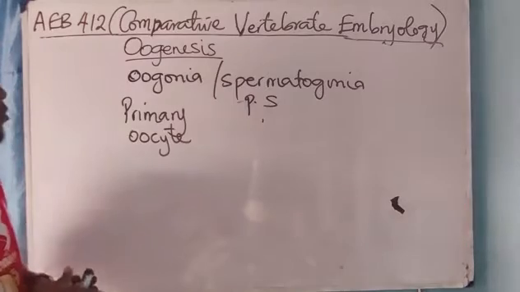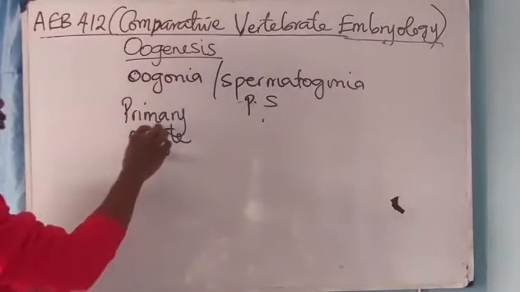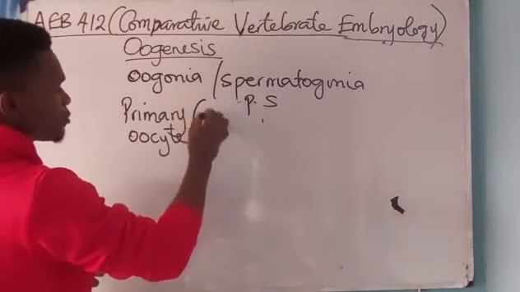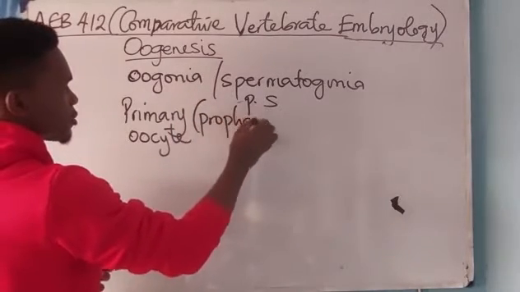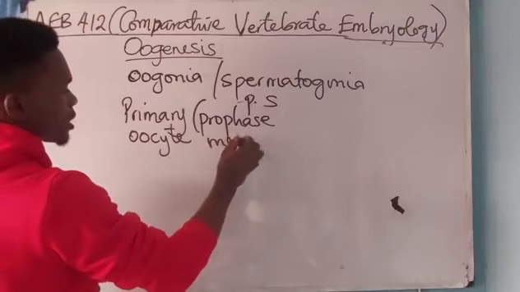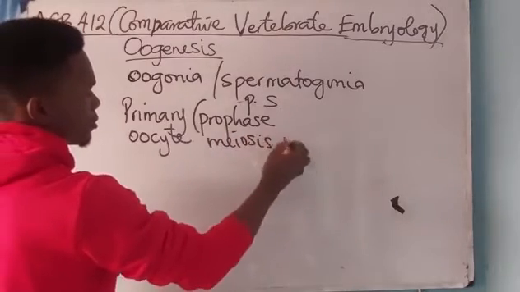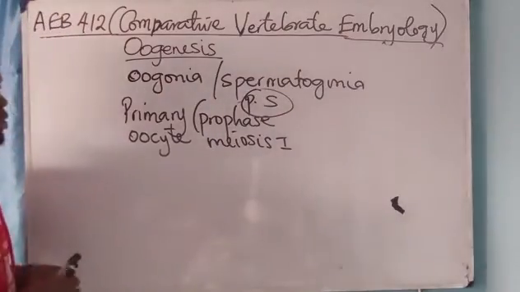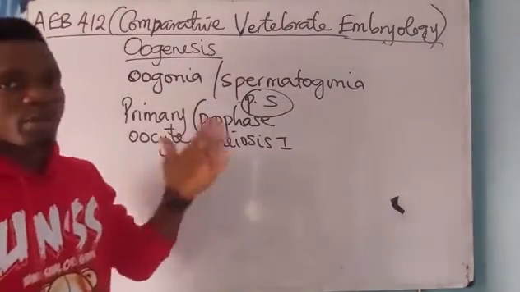Take note of that. Now, this primary oocyte will enter the prophase stage of meiosis 1. The same thing is applicable to primary spermatocytes in spermatogenesis.